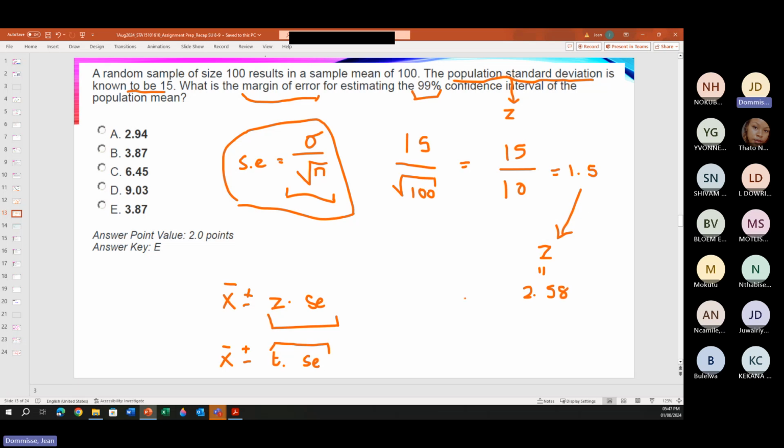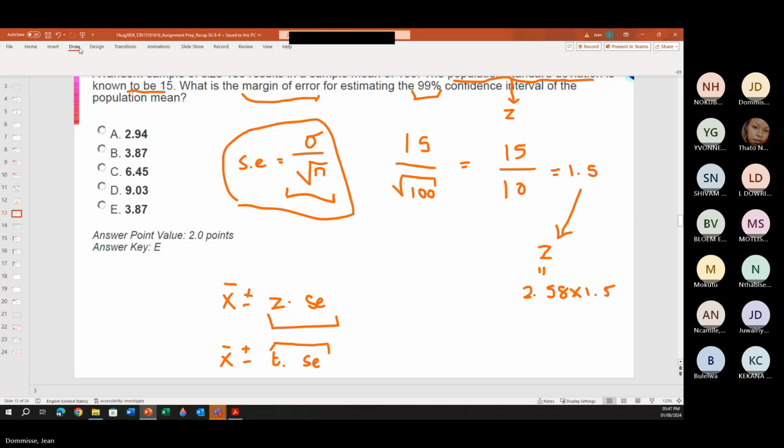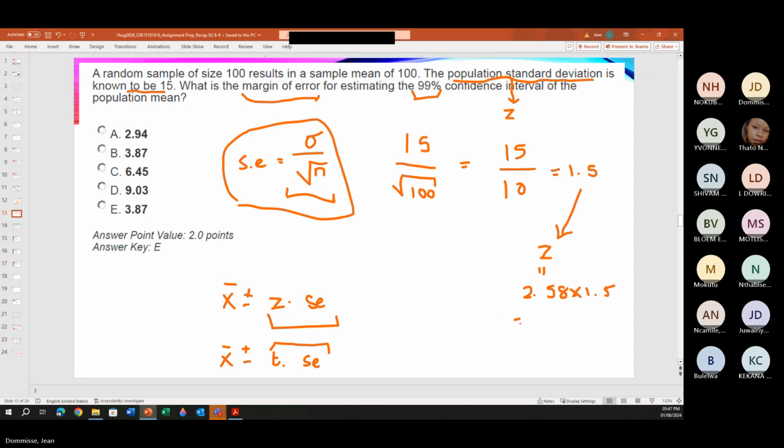So 1.5 times, and let's do it this way around so that we can see the standard error. The Z times the standard error. So 2.58 times 1.5 gives us the number of 3.87, which is B or E.